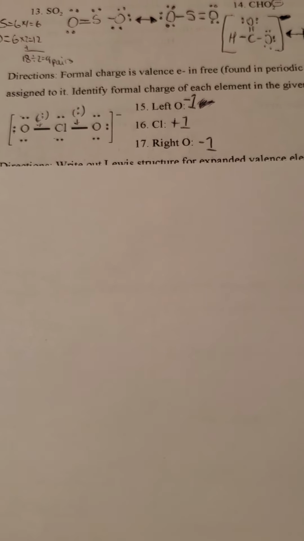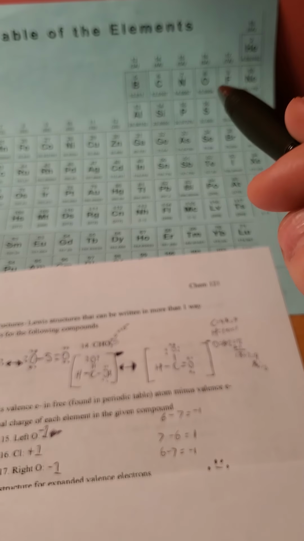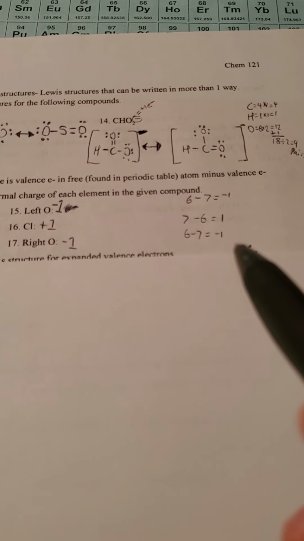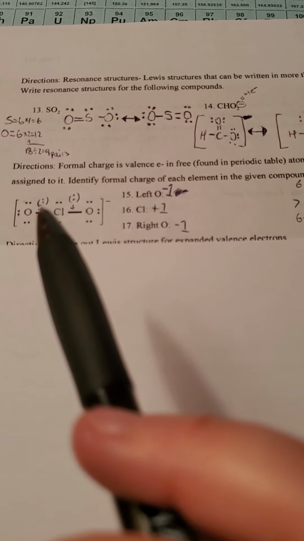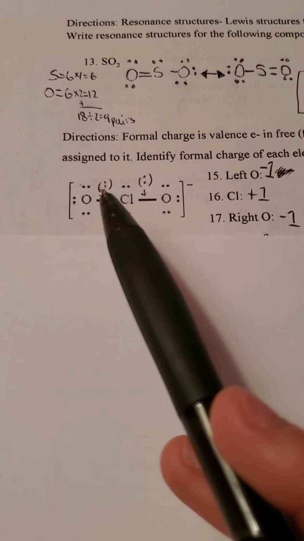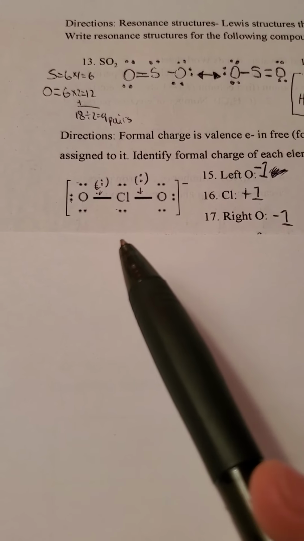To do formal charges, we know it's the valence electrons, whatever you find on the periodic table, minus the electrons assigned to it. For this one, we could just call it 2 dots here, because that's just a single bond.